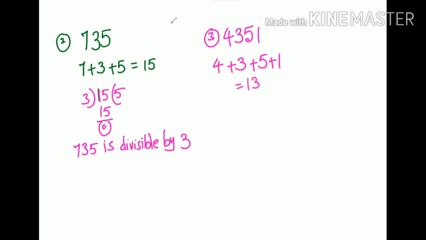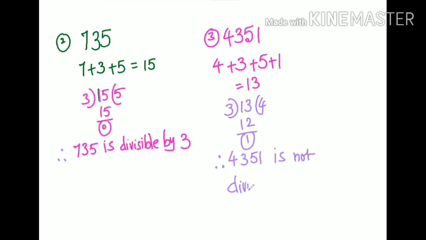So divide 13 by 3. 3 4s are 12, so remainder 1. Therefore, 4351 is not divisible by 3.